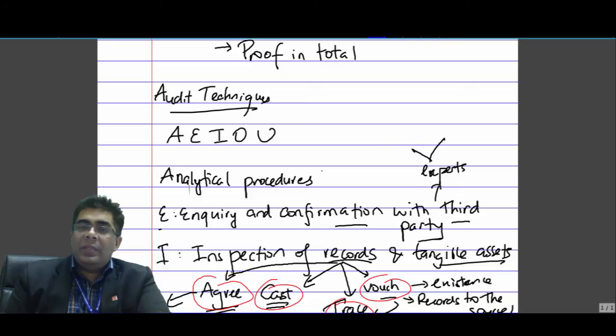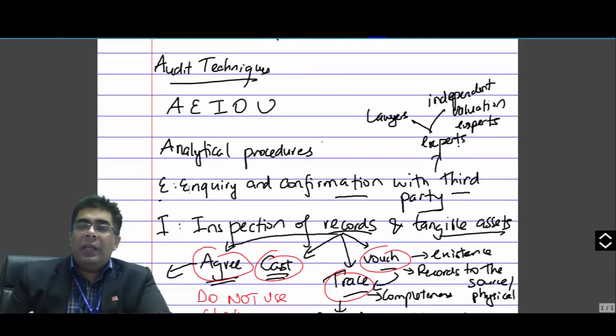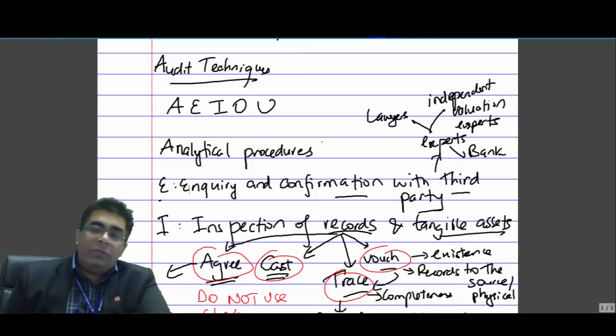Yeah, experts meaning lawyers, meaning independent valuation experts. Okay, and then you may also send letters to the bank to confirm the bank balance, for example. Yeah, you may inquire and discuss with the management.